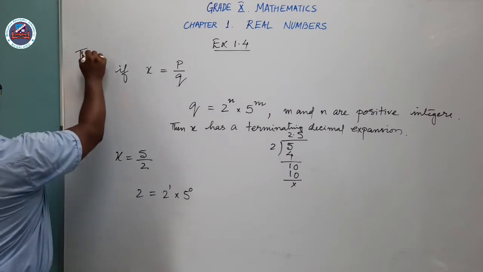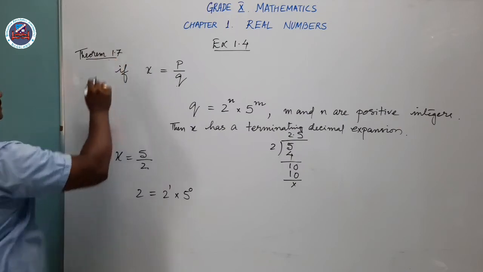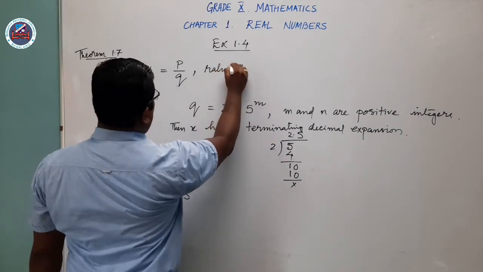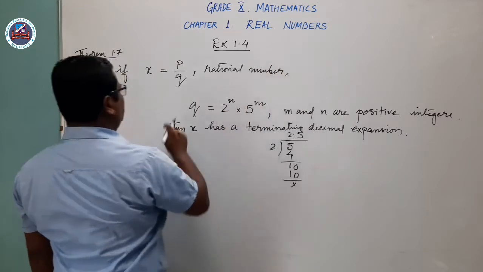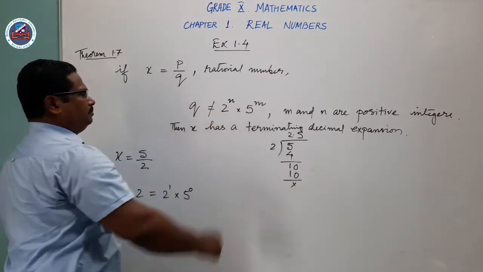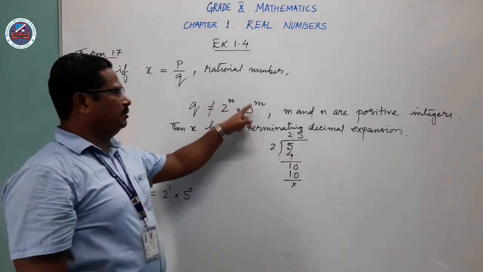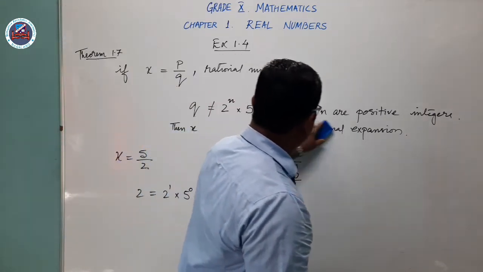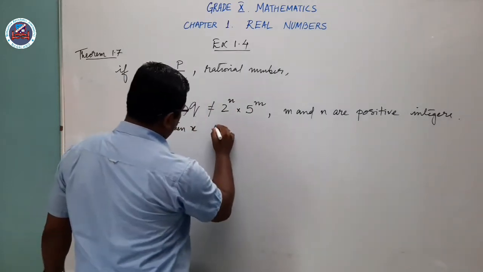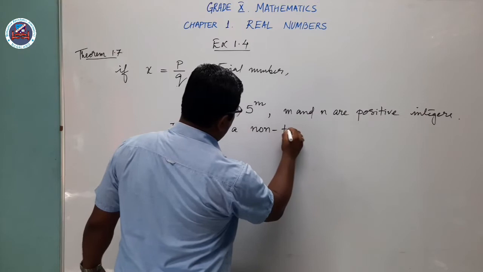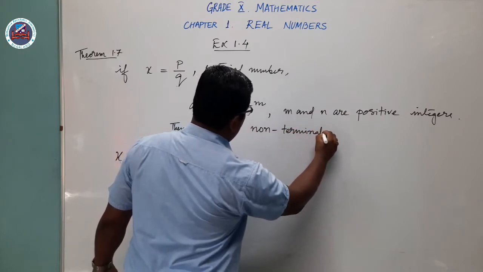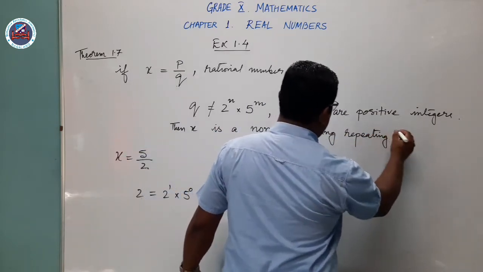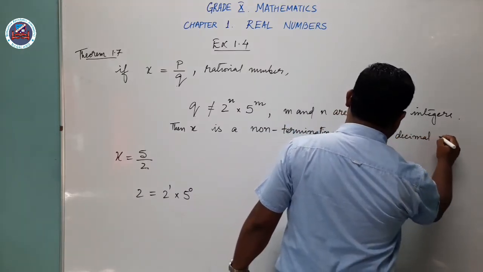In theorem 1.7, it says: if x is equal to p by q, a rational number, and this denominator q cannot be written in this form, 2 to the power n into 5 to the power m, in that case x has a non-terminating repeating decimal expansion.